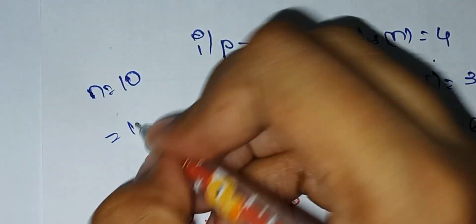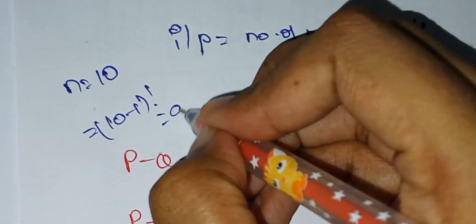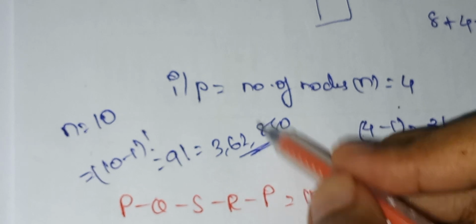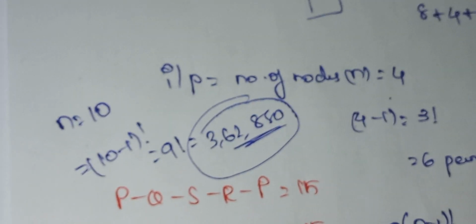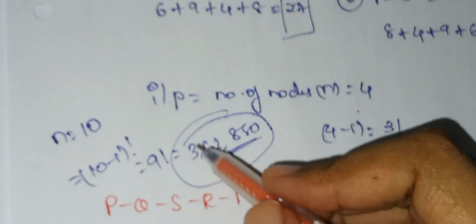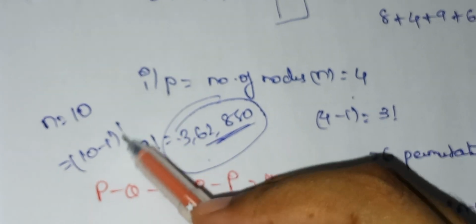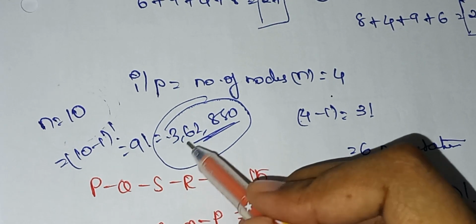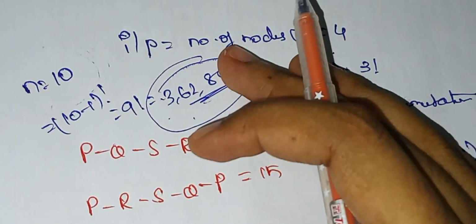But the drawback of the brute force approach is that as the input keeps on increasing, for example, if I take n equal to 10, that means 10 minus 1 factorial, which is 9 factorial, that is 3,62,880, which means you are getting that many permutations. So when you are considering the brute force approach, if the input size keeps on increasing, you will get more permutations, which is impractical.